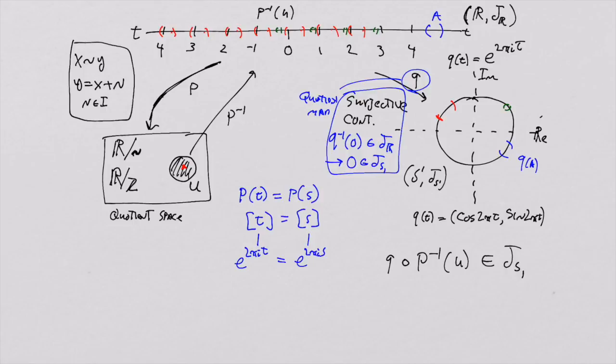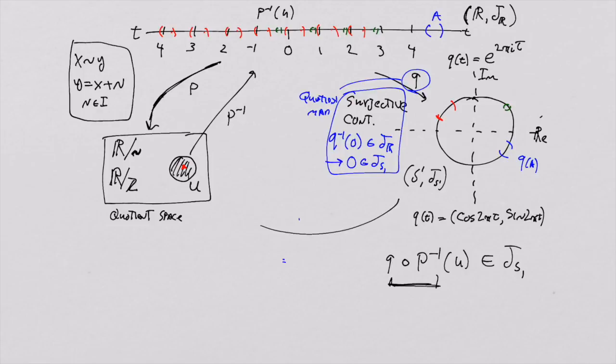This is the mapping that goes from the quotient space to S1, and we call that Q after P inverse. That mapping takes open sets from here to here. Now I can use the same logic and show that P after Q inverse, which goes this way, also takes open sets from here to here.